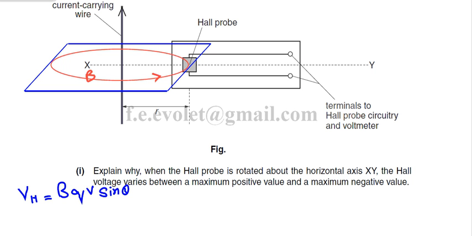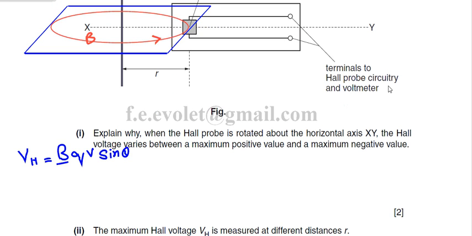Only the theta varies, which is the angle between the magnetic field and the plane of the probe. Right now the plane of the probe is vertical and the magnetic field is in a horizontal plane. So that angle between the plane of the probe and the magnetic field varies.